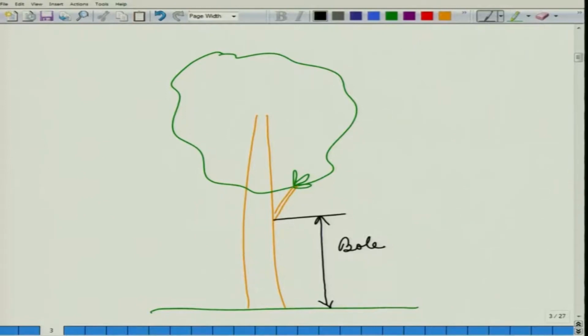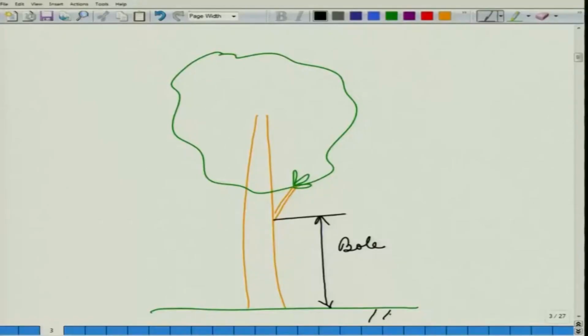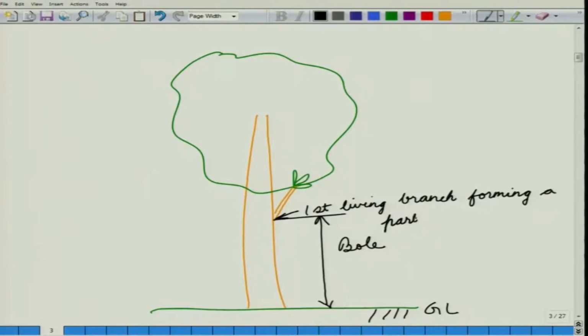It is the distance from the base of the tree, that is, from the ground level, to the base of the first living branch that forms part of the tree crown. So, this is the base of the first living branch forming a part of the tree crown.